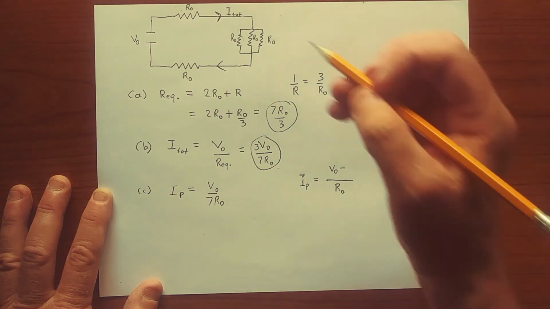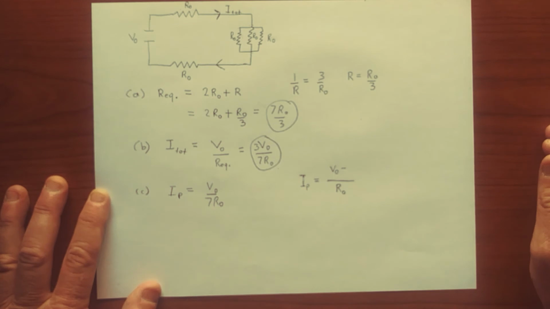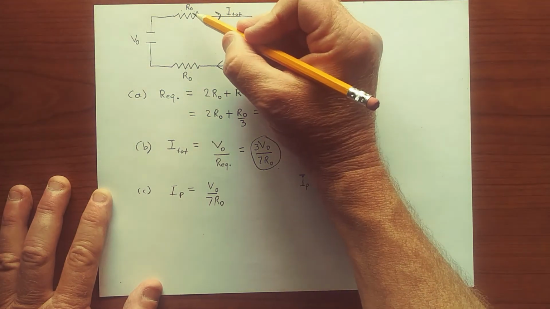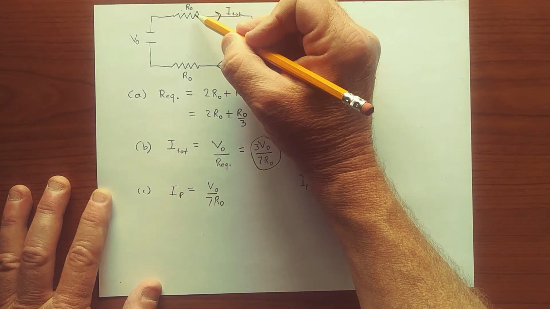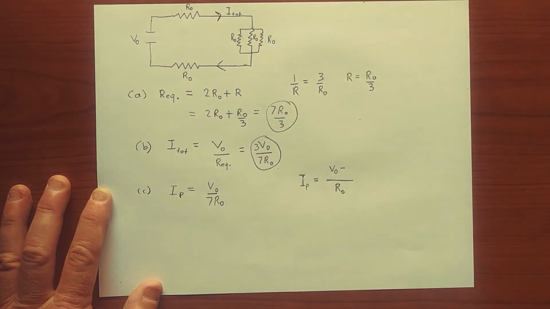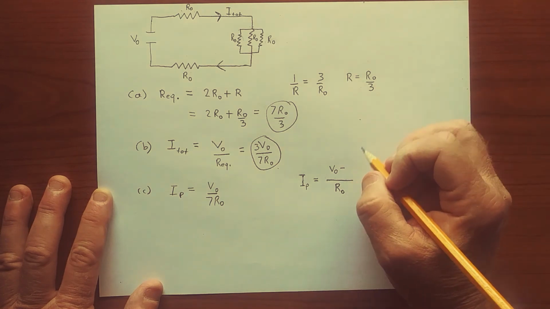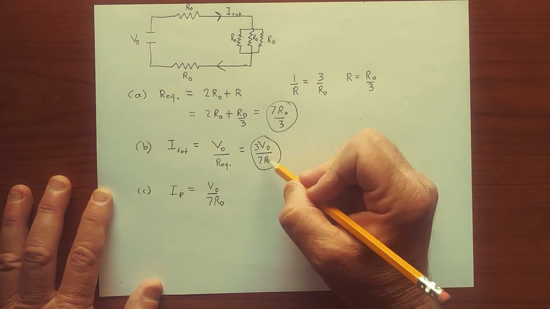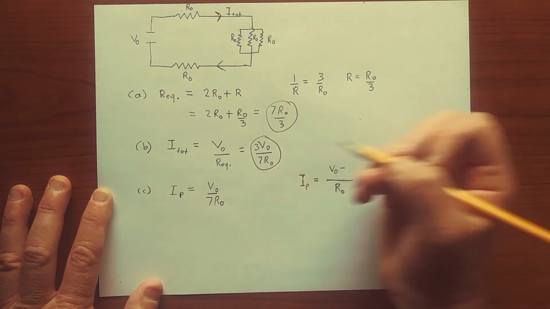In fact, from Ohm's law, we know that the voltage across each of these is just the total current times R0. And so we get the total current is this. We multiply that by R0, we get 3V0 over 7.